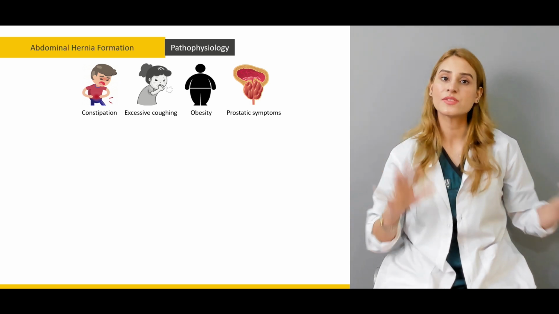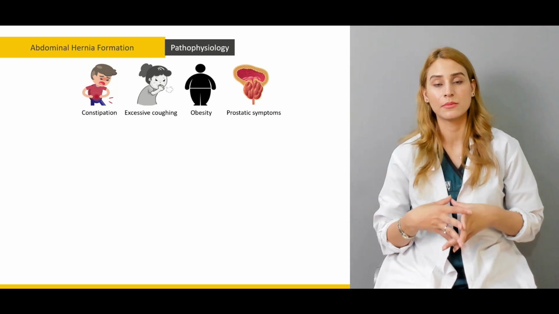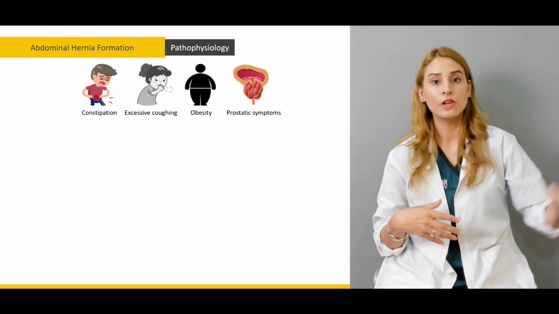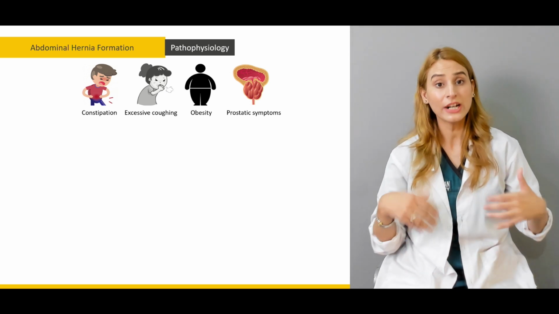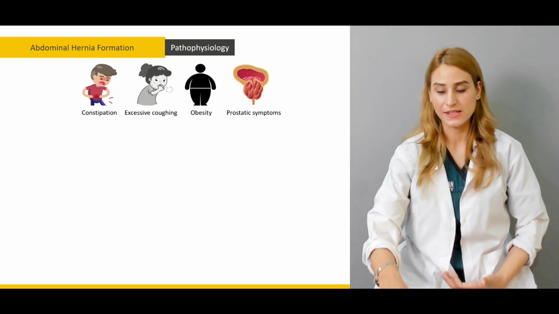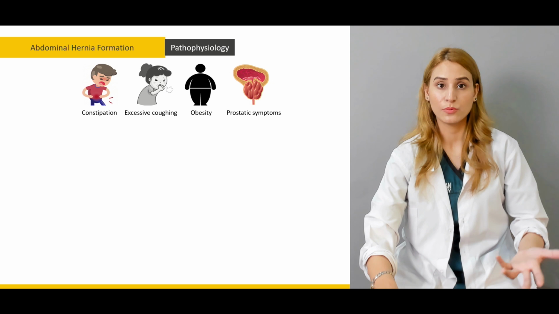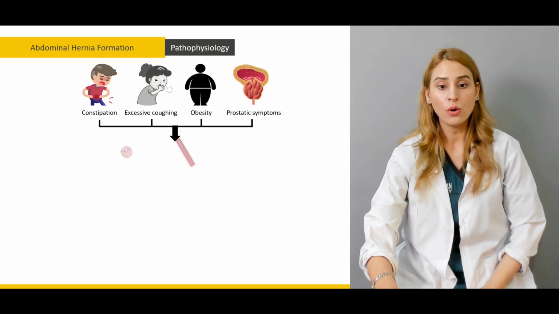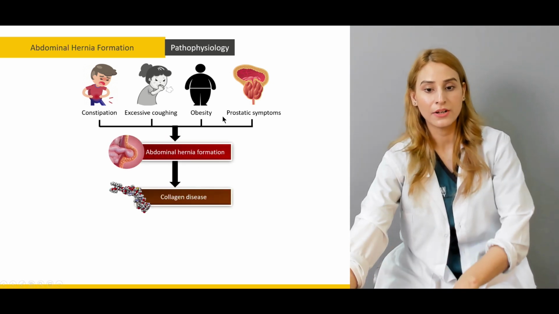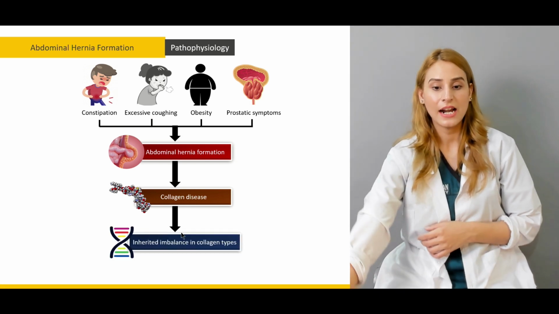All those conditions which precipitate it, like coughing, straining, obesity, prostatic symptoms, or any intra-abdominal tumor, increase the intra-abdominal pressure, and because of that the potential weakness develops the hernia. All these things lead to abdominal hernia formation.